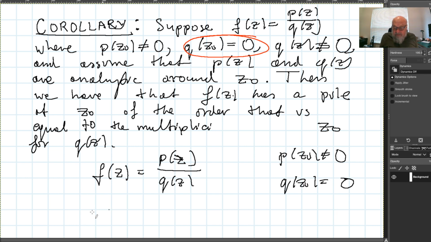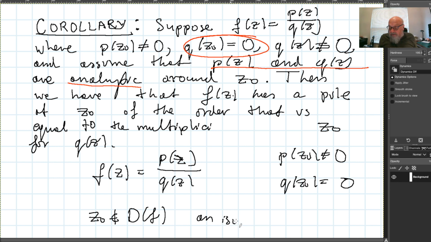That clearly means that z0 does not belong to the domain of f, and this is isolated, because other points are okay. Every zero of an analytic function is isolated. So in this case, that zero is an isolated singularity.